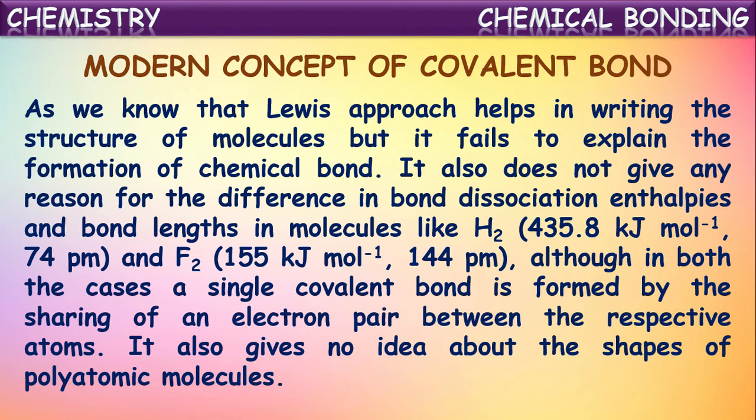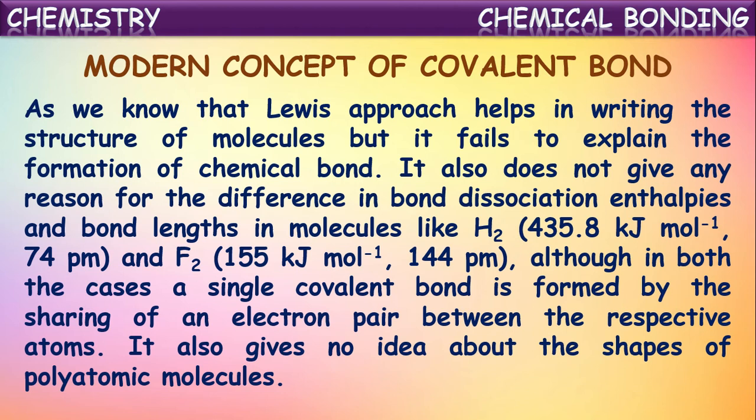According to the Lewis approach, the number of bonds is the same, but there is a difference in their bond enthalpies, meaning the energy required to break those bonds is different in hydrogen and fluorine. And even the bond lengths are different.